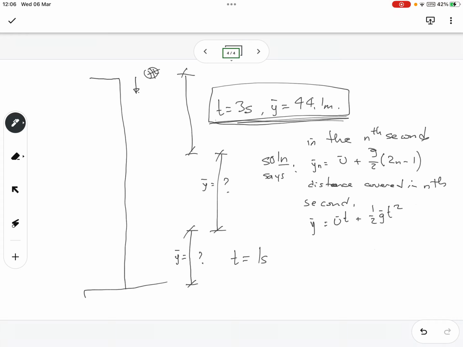Here's the thing: we have t equals 0 at the top, and then here t equals 3 seconds. Our time increases in increments of 1 second. What I'm trying to say is that I only get 2n minus 1 when A is 1.